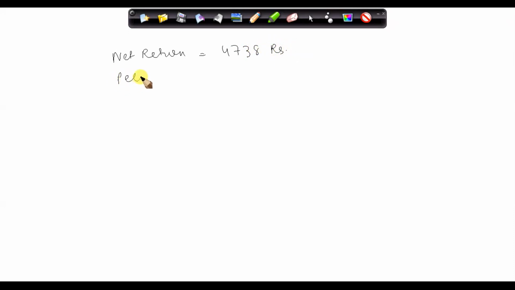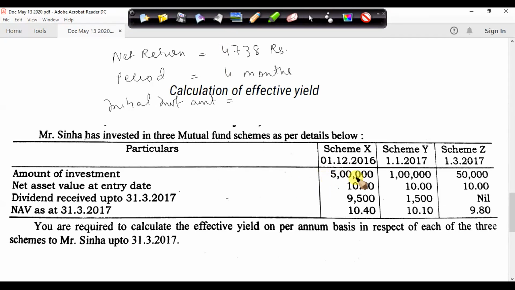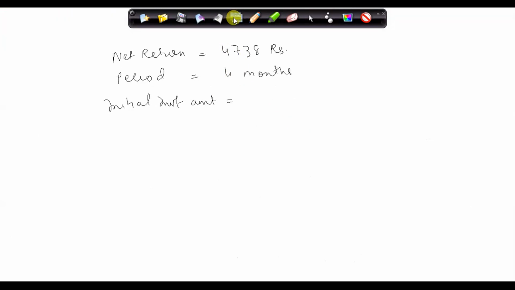Then we know the period the scheme is there. So the scheme is there for 4 months. Then you have to find the initial investment amount. We know that the initial investment amount is 5 lakh rupees. Now we have to find the effective yield. Effective yield means the return in percentage, but we want to find per annum basis.